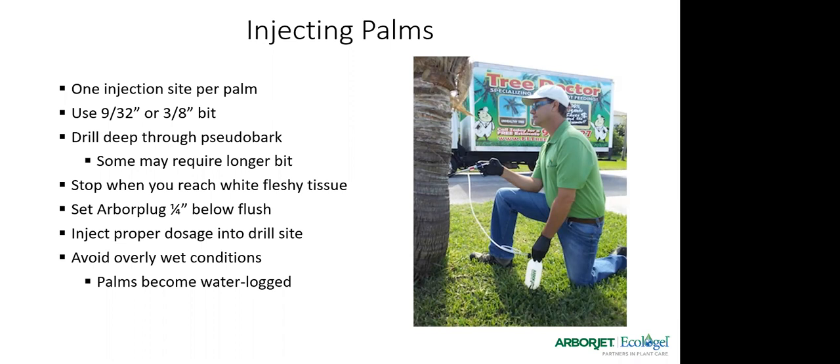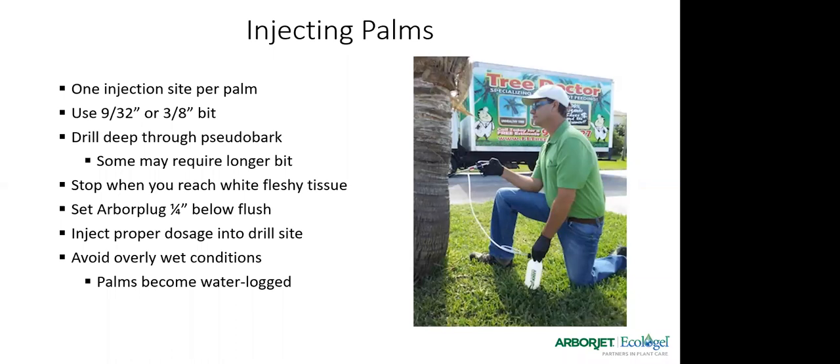The only trick is the drilling depth, because we have to get through the pseudobark. You could be drilling in 3 inches, 4 inches, sometimes 6 inches, depending on the palm itself, to hit that tissue.